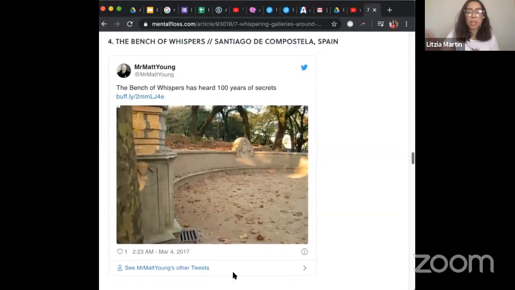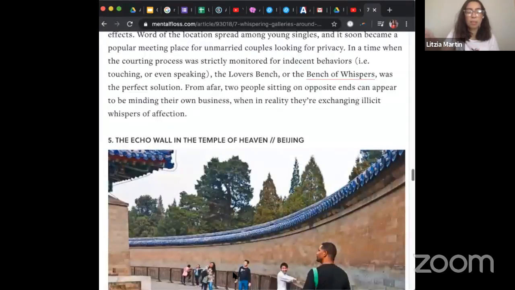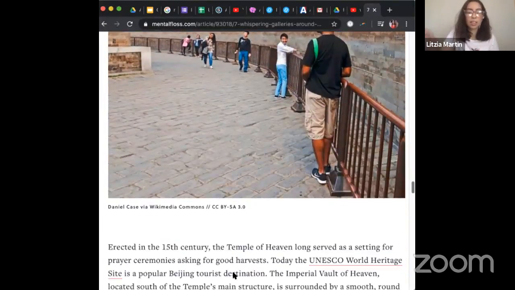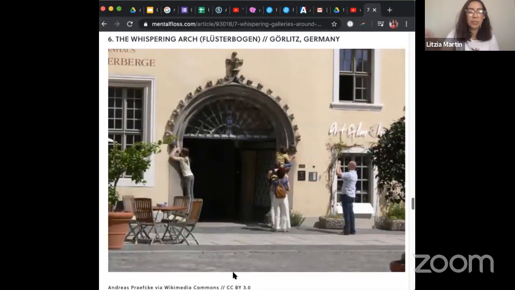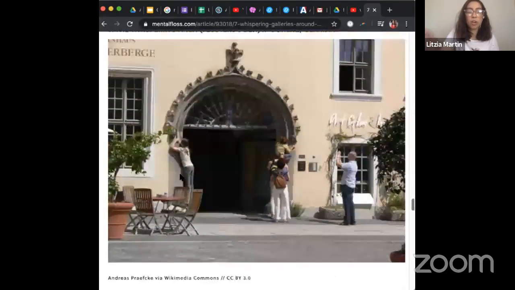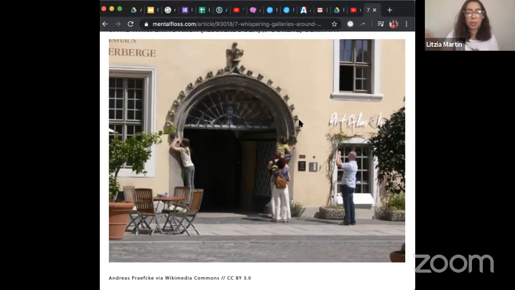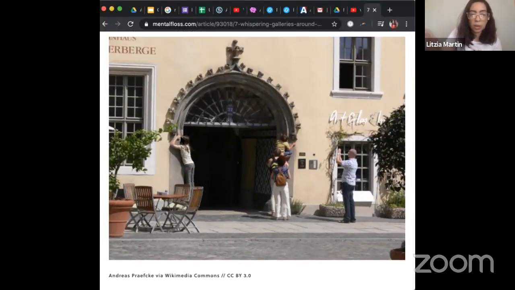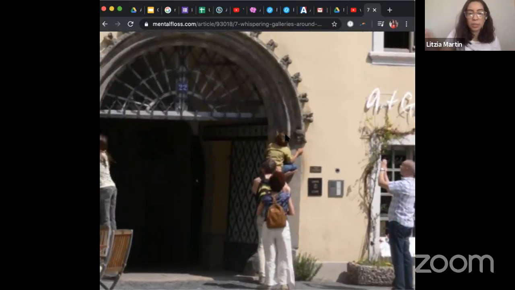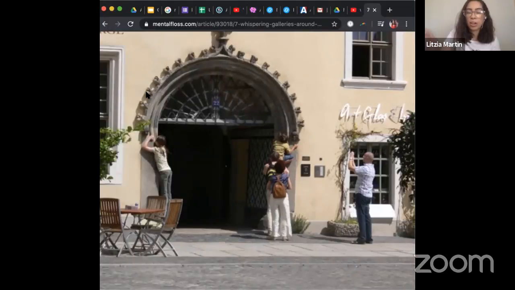In Spain, Beijing, Germany, the Whispering Arch. This one's an arch as opposed to a room. But you can see on one end, the little boy is whispering or saying something, and then you can hear it on the other end.